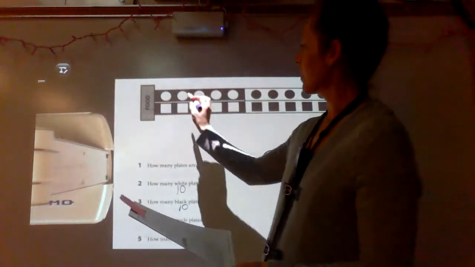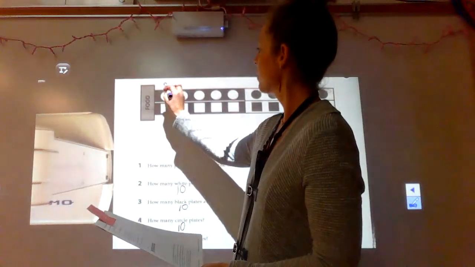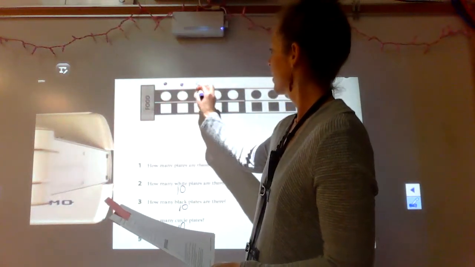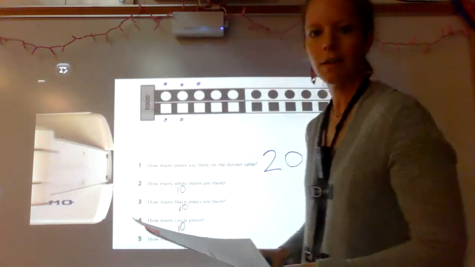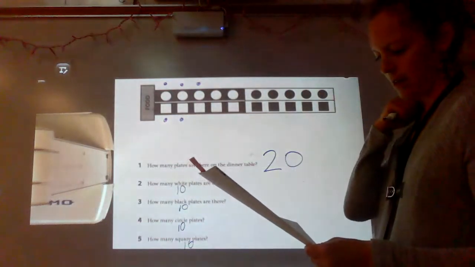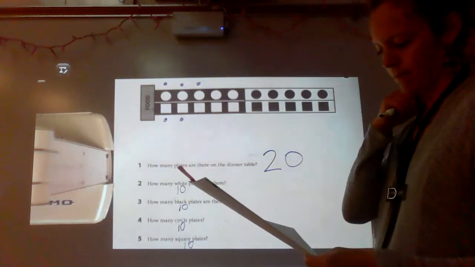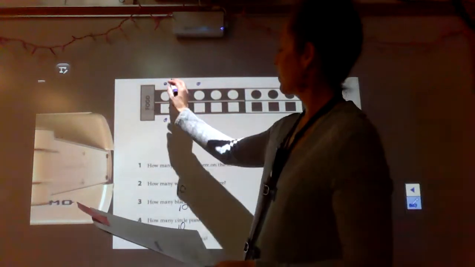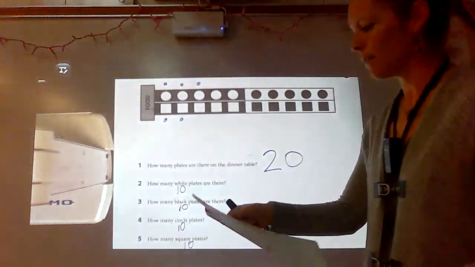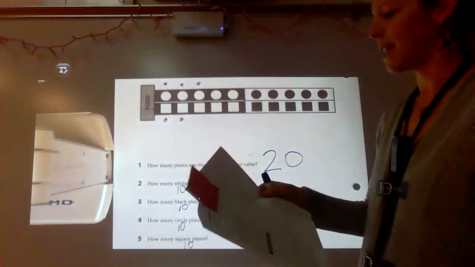You might be thinking 3 people could sit up here and 2 people could sit down here. Remember, we need to have people right next to the food so they can pass it down.